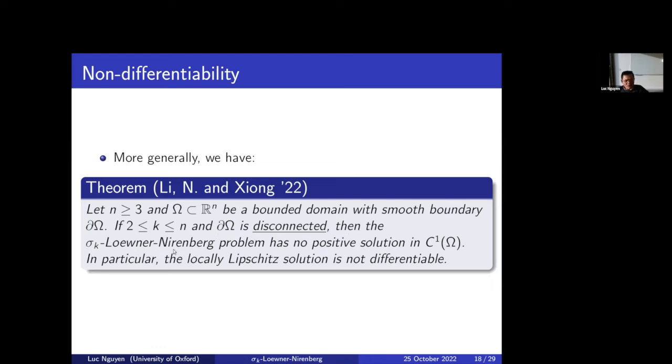Then the sigma k Loewner-Nirenberg problem has no positive solution in C1. Putting it differently, the locally Lipschitz solution that we obtained in the theorem with Gonzalez and Yan is not a differentiable solution, even though it's the unique one in the class of all continuous viscosity solutions.